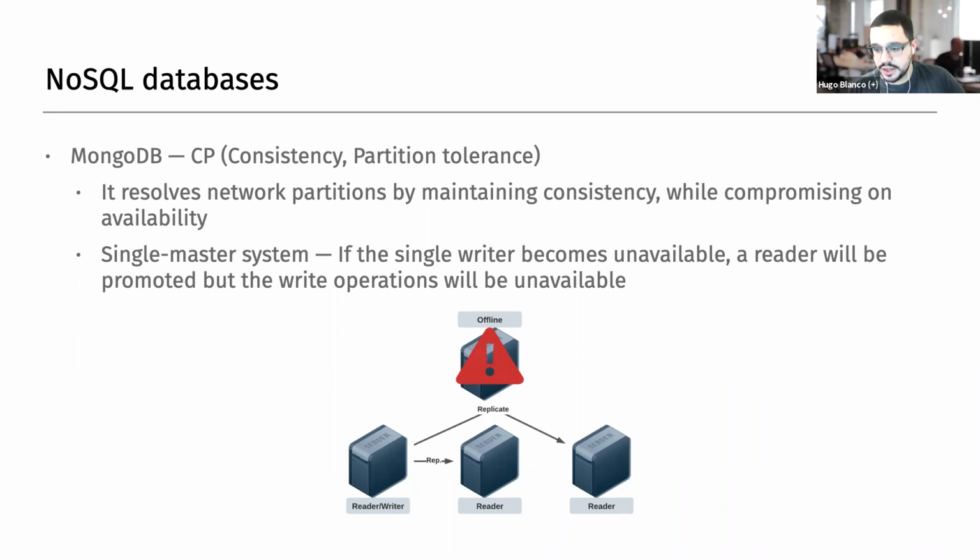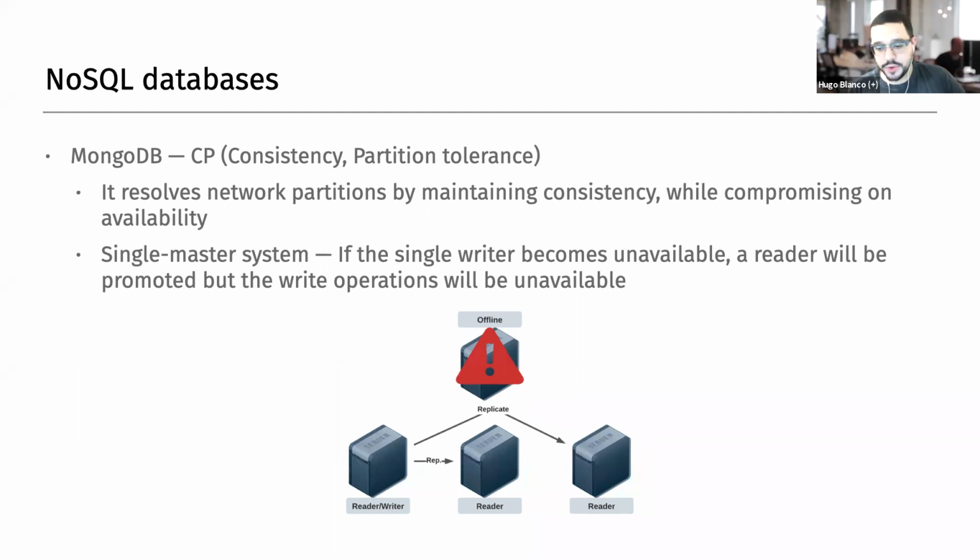And because of that, we don't have availability as a strong point for MongoDB. We have consistency. So while we are promoting the reader to writer, we don't have write operations, but we have consistency, right? Because we are not writing until the first server is back online, or until I have promoted a reader to writer.